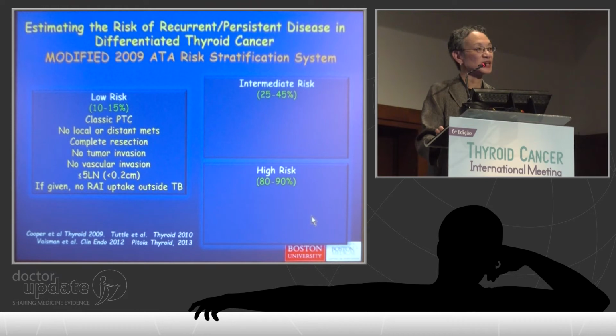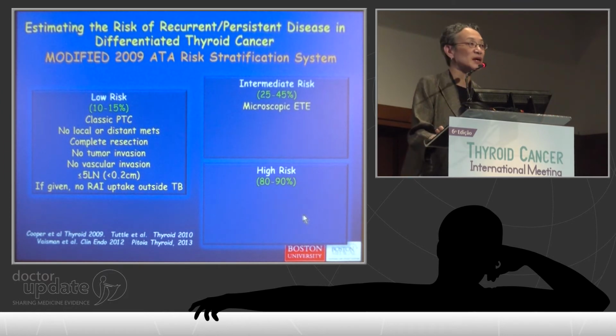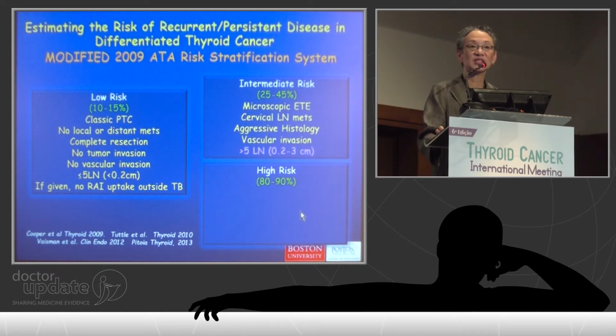Now, we went through this yesterday also, that the low risk tends to be an encapsulated single cancer inside the thyroid, no invasion, no nodes, no vascular invasion, not a large number of lymph nodes. Intermediate has microscopic extrathyroid extension, cervical lymph nodes, which doesn't differentiate between central and lateral, aggressive histology, and lymphovascular invasion, plus more than 5 positive lymph nodes that are relatively small, less than 3 centimeters.